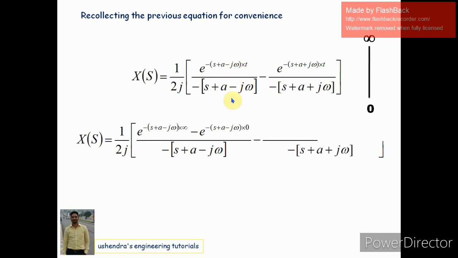Continuing, minus of, nothing to do with the denominator at this point, so the denominator appears as it is. Plugging in the upper limit for this term, it's like e raised to minus of s plus a plus j omega into infinity in place of t, minus its lower limit. Plugging in the lower limit, e raised to minus of s plus a plus j omega as it is into t, that will be into 0, the lower limit.